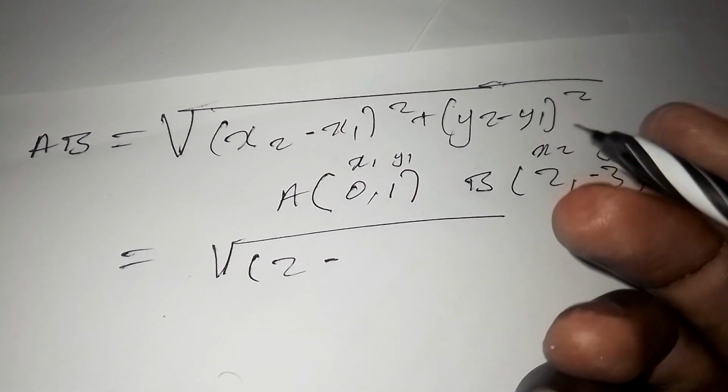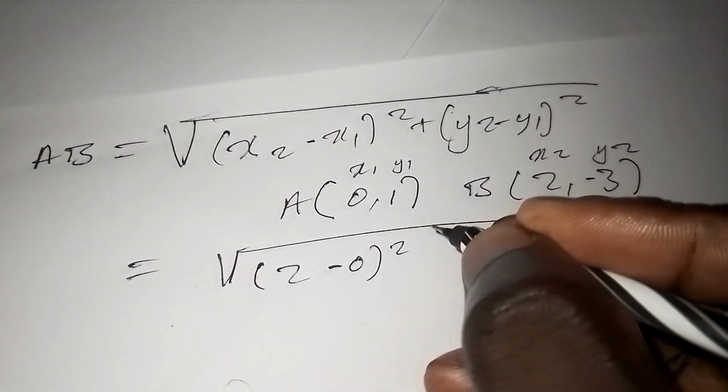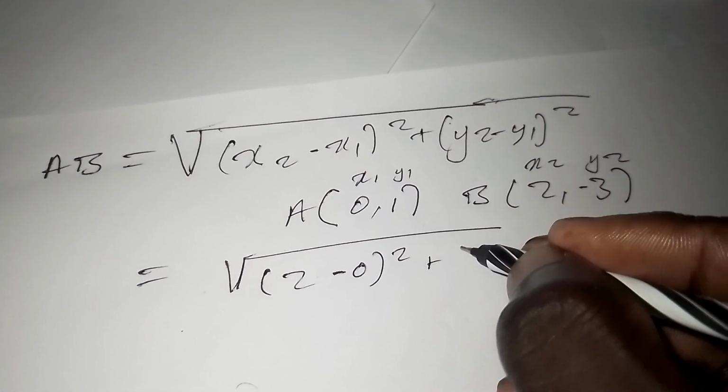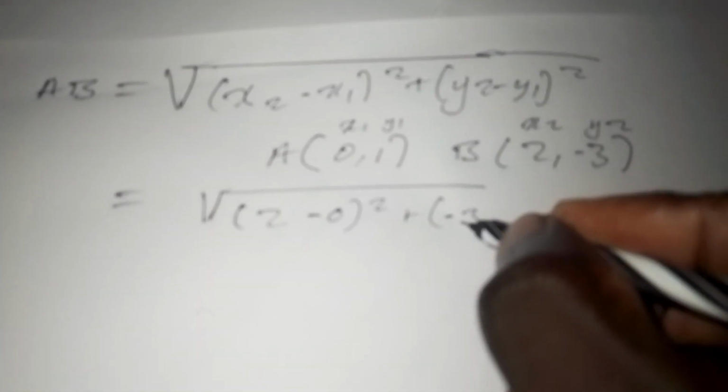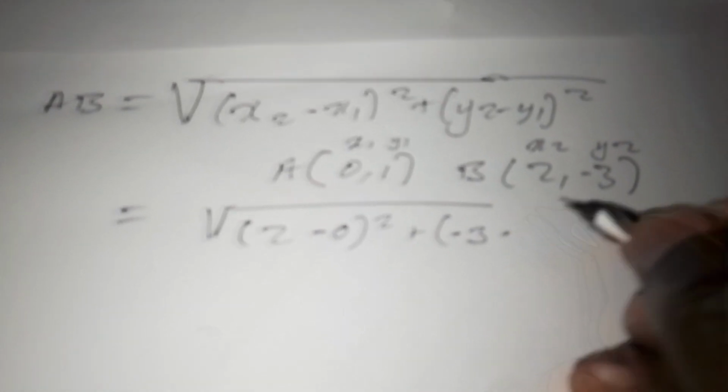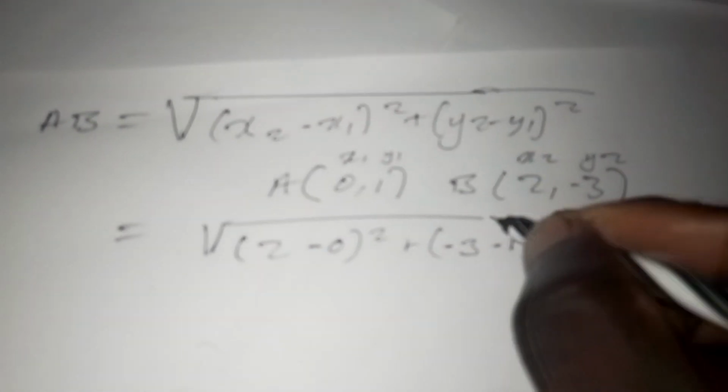So what I'm going to do, we say the root of, what is our x2? It is 2 minus, what is our x1? 0. The root plus, what is our y2? It is negative 3 minus, what is our y1? 1. The root.